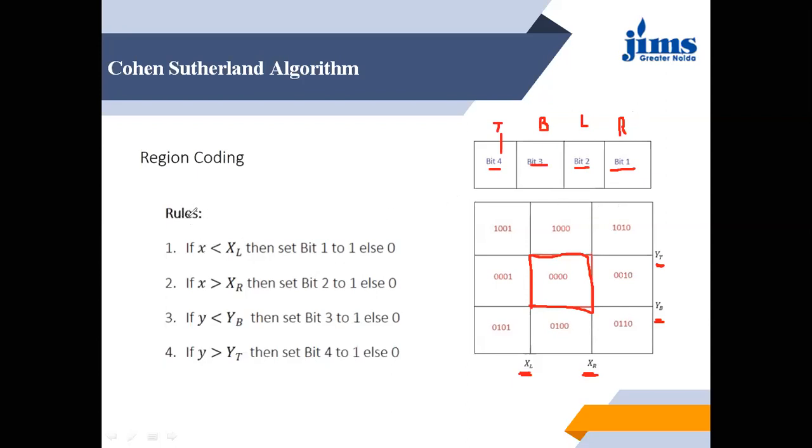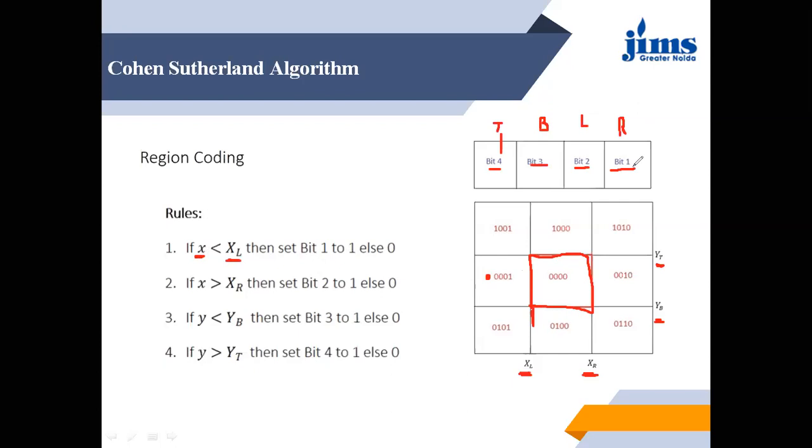The rules to find the coding of different regions are: first we check the value of the x coordinate. Suppose I am considering this point. If the value of x is less than XL, the left value, then set bit 1 to 1, else 0.